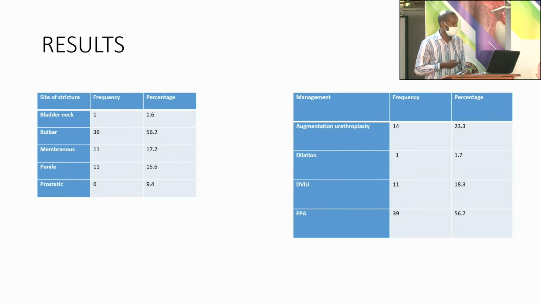Quickly, just to move on, the results. As you can see, for the urethral strictures, we had bladder neck, one patient, but the majority of the patients were bulbar urethral strictures. For the procedures that were done, the majority of the patients had an EPA and augmentation urethroplasty.